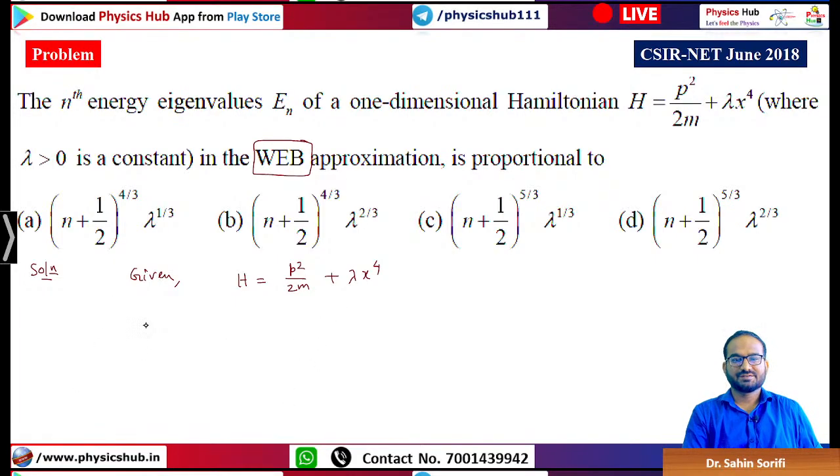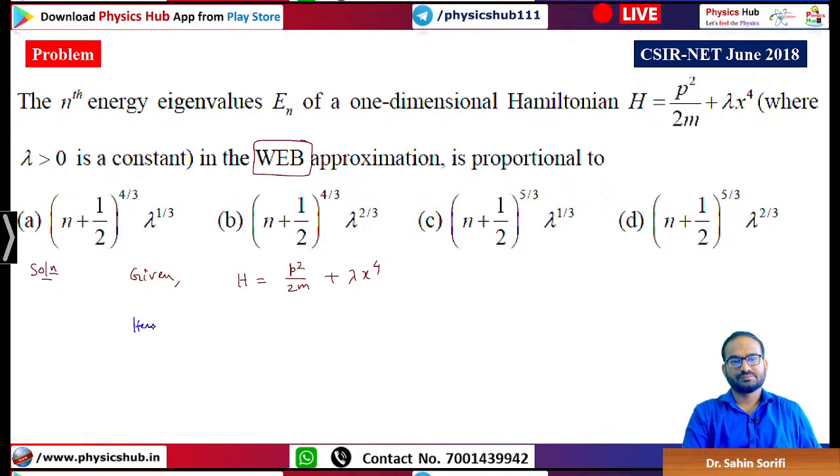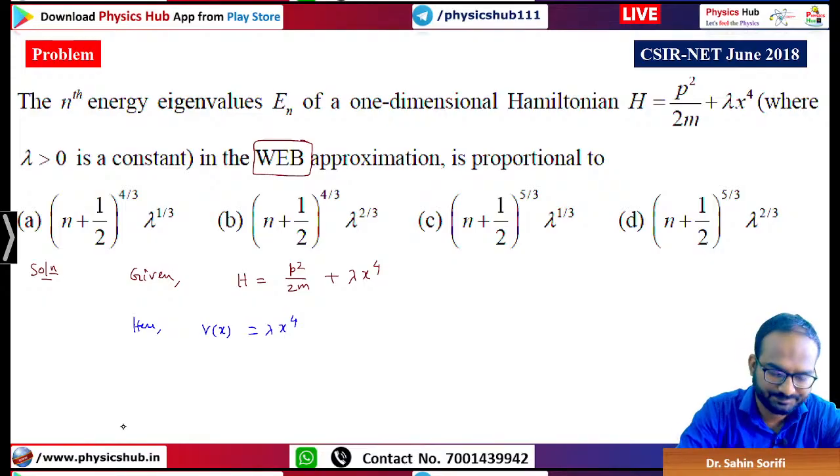So V of x is equal to lambda x to the power 4. Lambda into x to the power 4. Just give me a moment. Let me just check the graph.